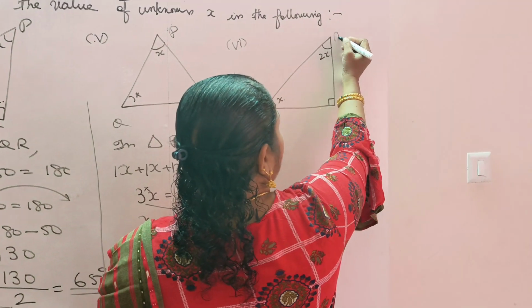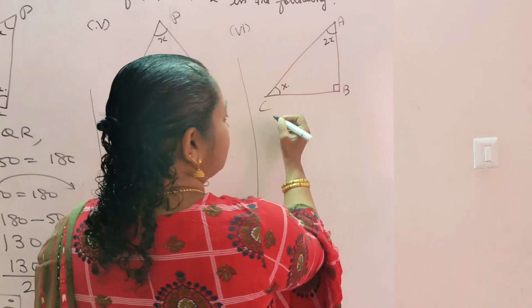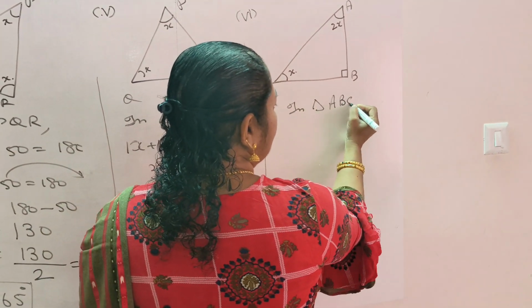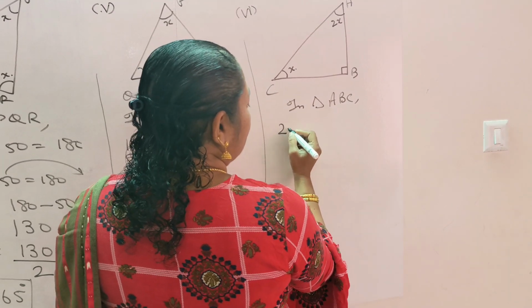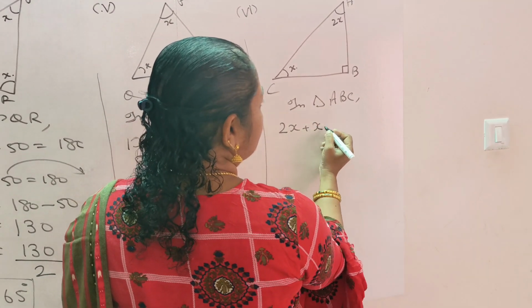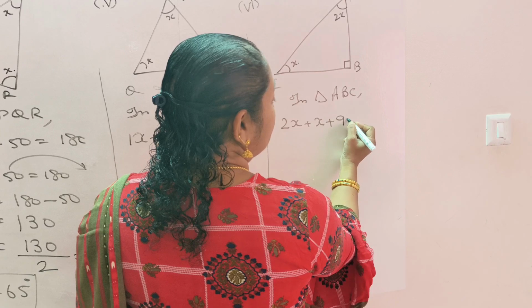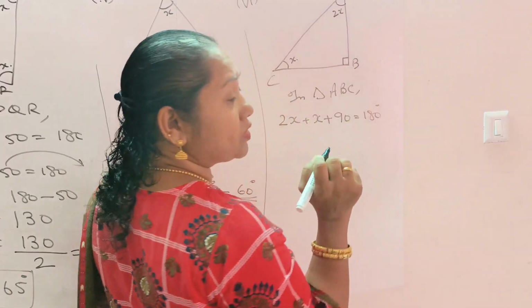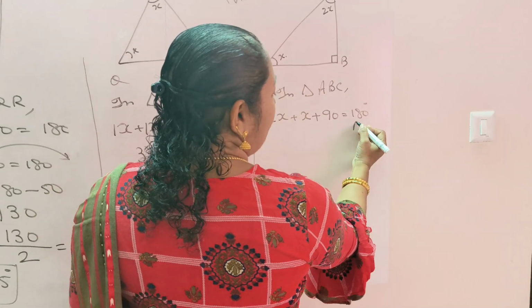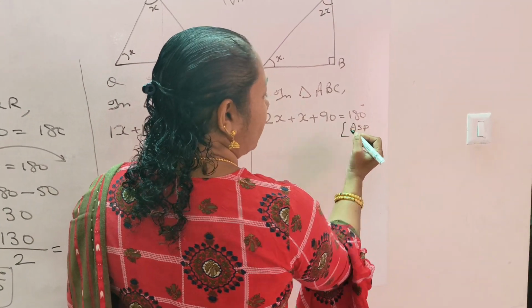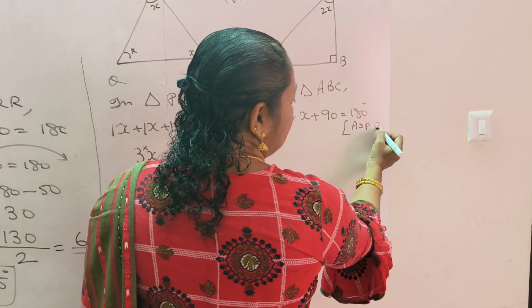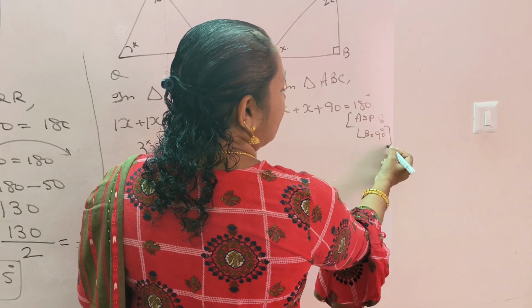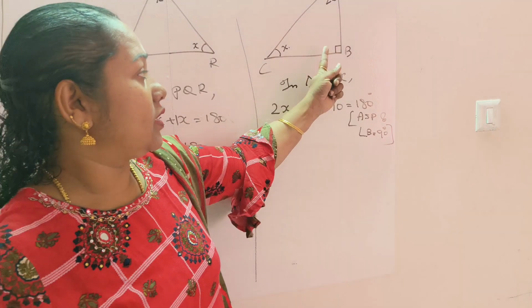Right? Now next question. Third question. Let us name it as A, B, C. So in triangle ABC, 2x plus x plus 90 is equal to 180 degrees. Here we have to mention both properties, that is, angle sum property, and angle B is equal to 90 degrees, because the degree is not mentioned here.